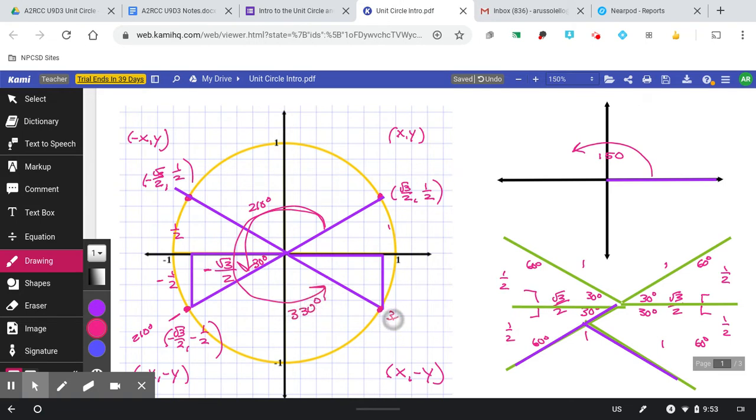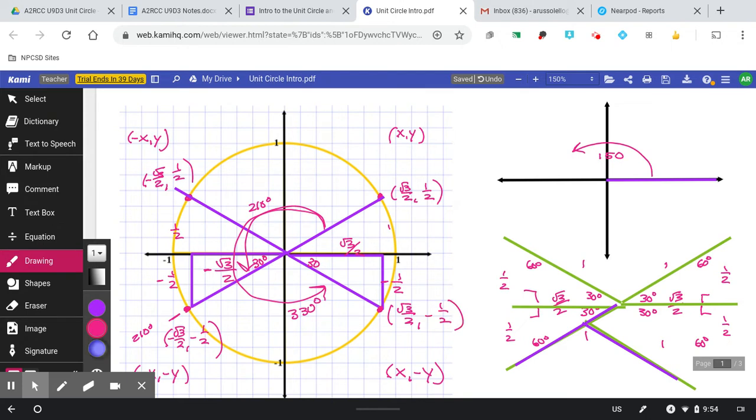If this is 330, that means our reference angle is 30. Again, this is 1/2 and this is radical 3 over 2, but this time the radical 3 over 2 is positive and the 1/2 is negative. So let's put our coordinate here as radical 3 over 2, negative 1/2.